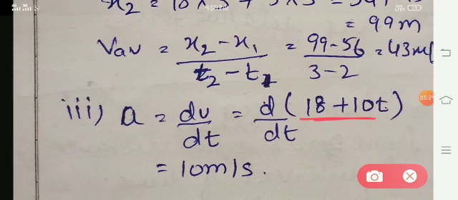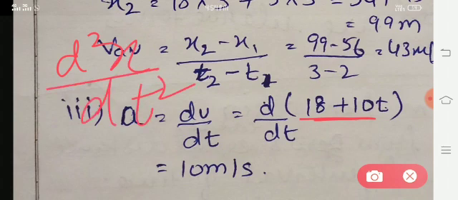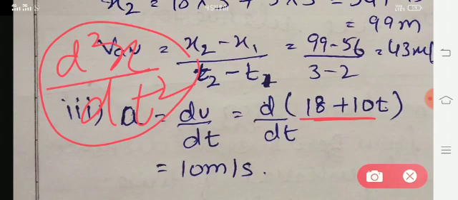You simply differentiate it further and you will find the second derivative, that is d²x upon dt², of this displacement. So you simply differentiate this quantity and reduce it further.